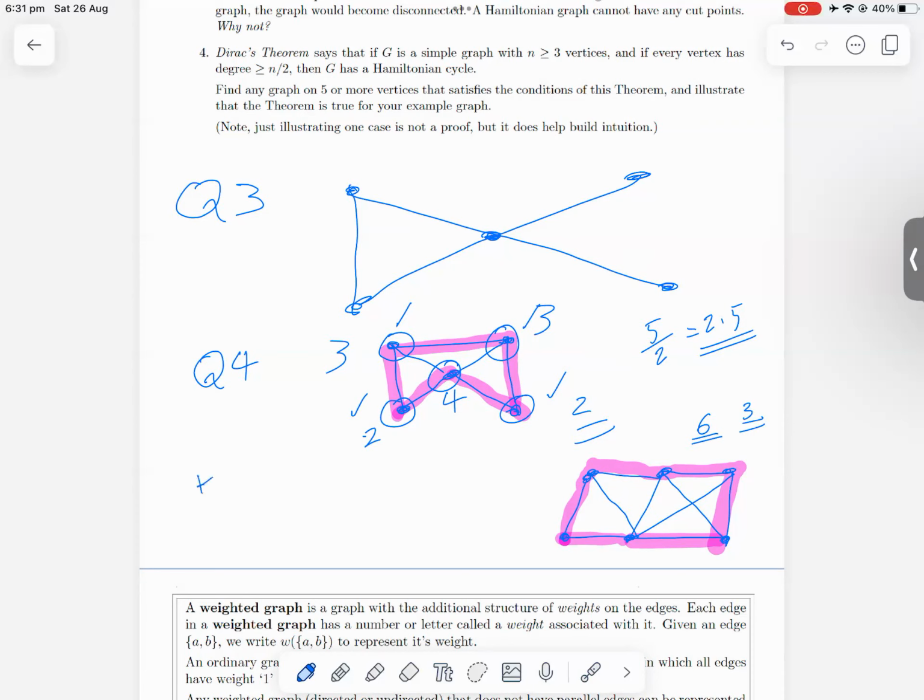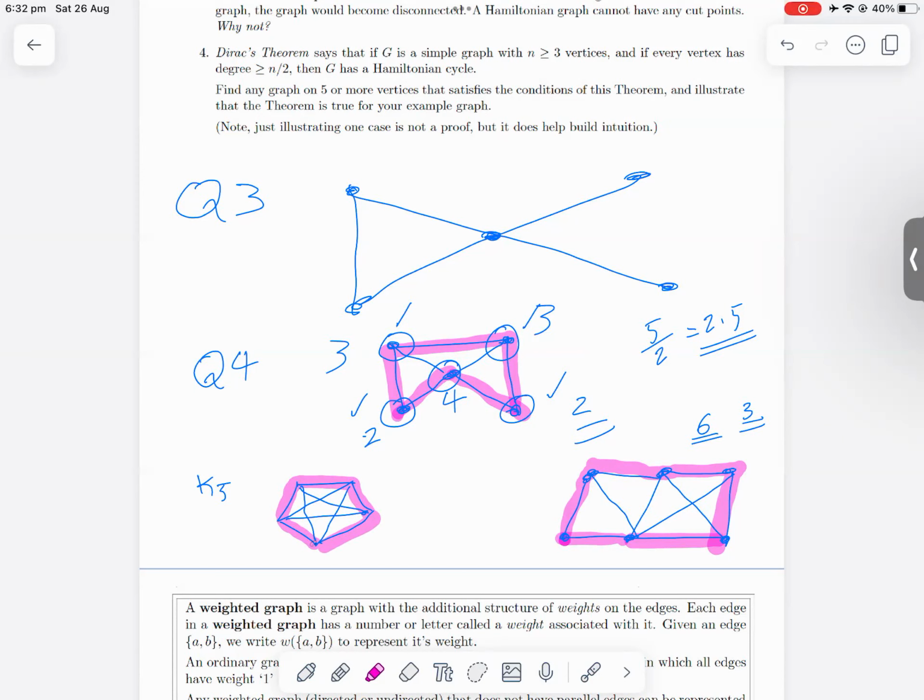The other one is K5, which just comes to my mind. So this guy, this guy, this guy, this guy, and this one. Okay, this is the Hamiltonian cycle.